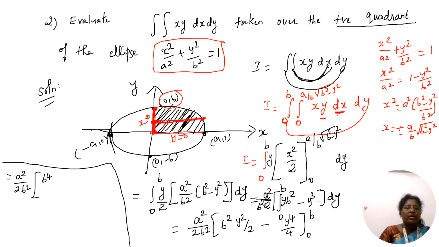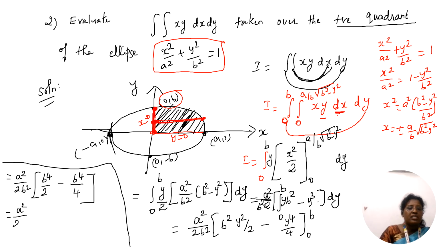So b power 4 divided by 2 minus, replacing y by b, b power 4 divided by 4. Now the lower limit becomes 0. When you replace y by 0, this becomes 0, so leave that. Now take the LCM and simplify.